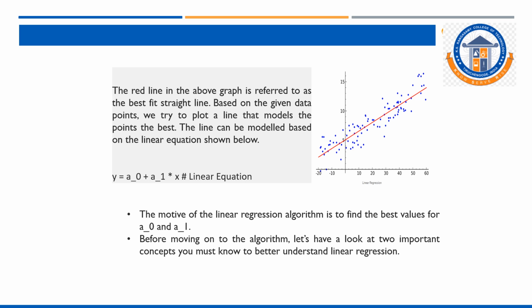A linear equation may sometimes be b naught plus b1 into x, sometimes a naught plus a1 into x. So our motive in the linear algorithm is to find the best values for a1 and the intercept and the slope. So this is our best fit line. These are the data points along this hyperplane. So we need to find the equation y is equal to a naught plus a1 into x.